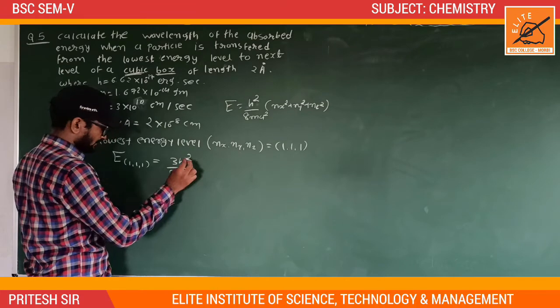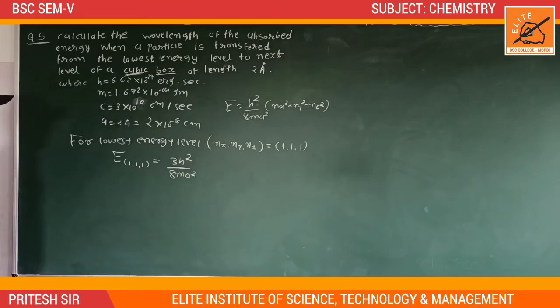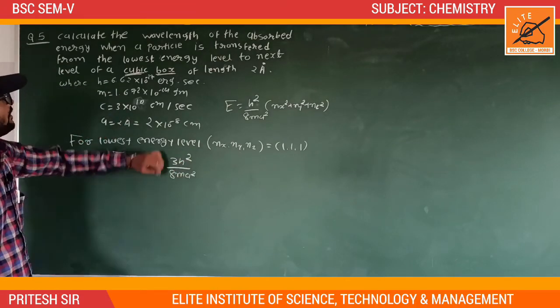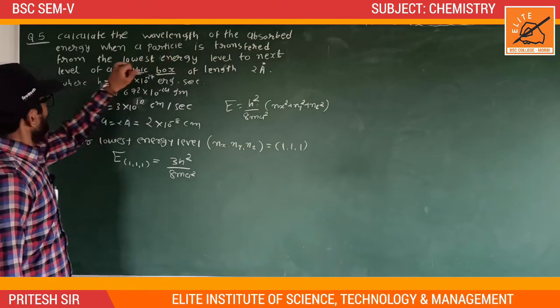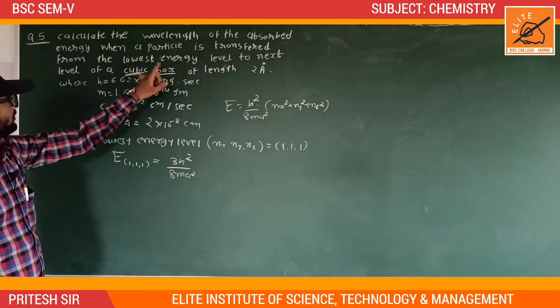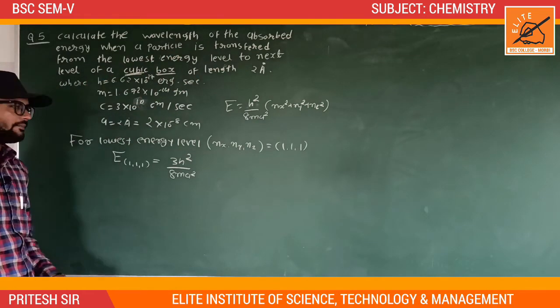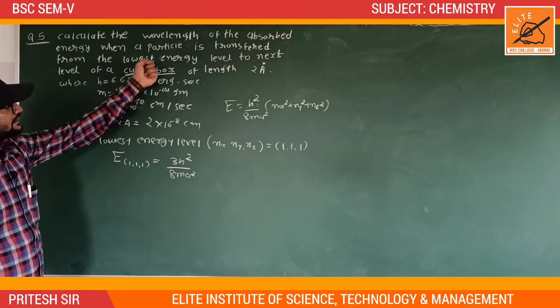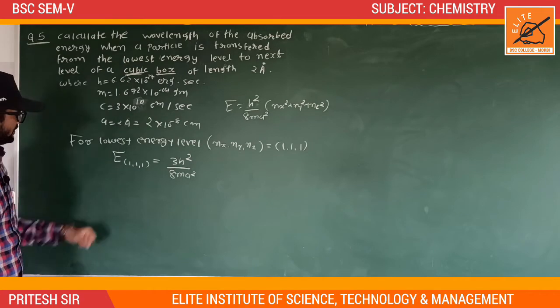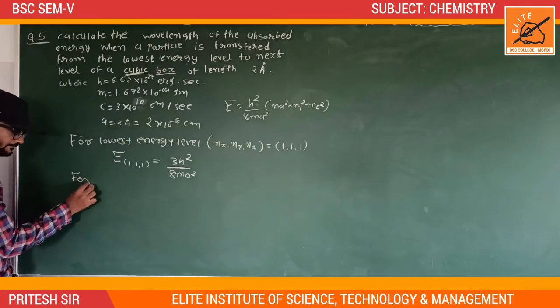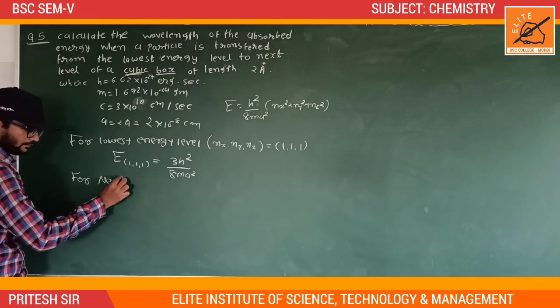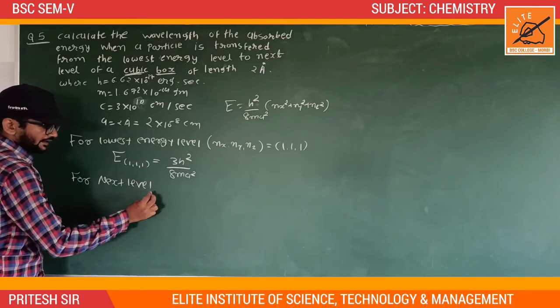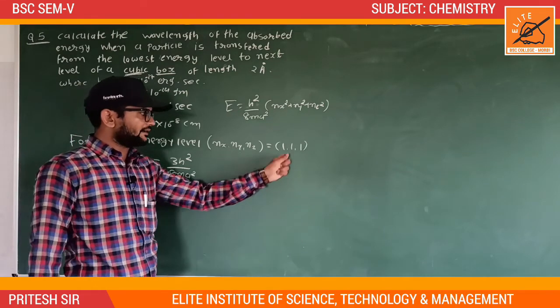Okay, and a particle is transformed from the lowest energy level to the next level. What do you mean by next level? From the energy level to the next level, for the next level any one variable becomes 2.